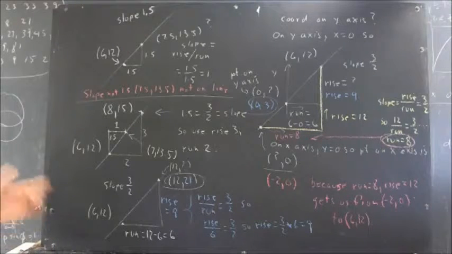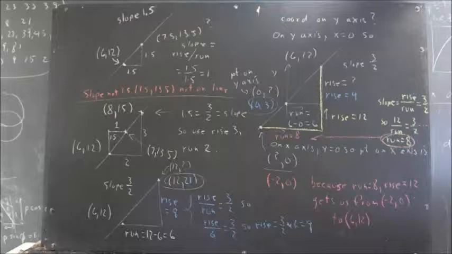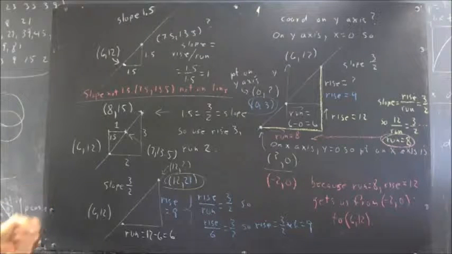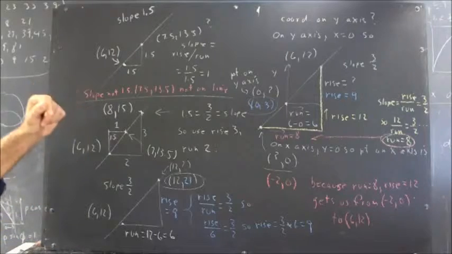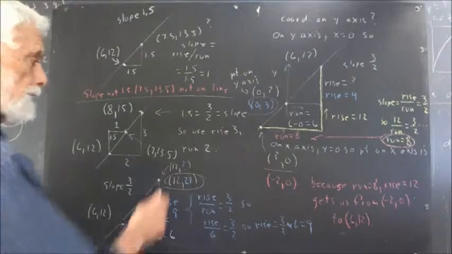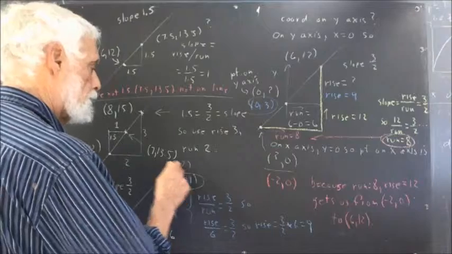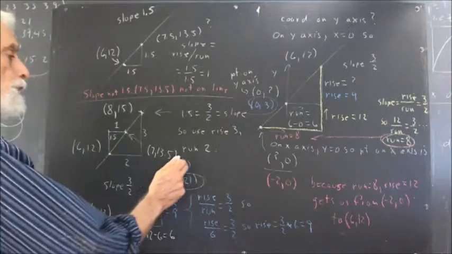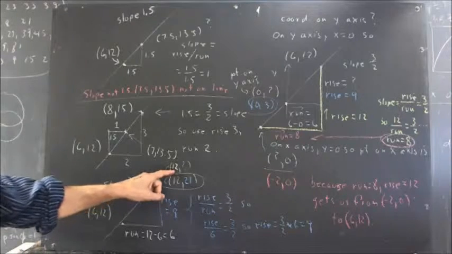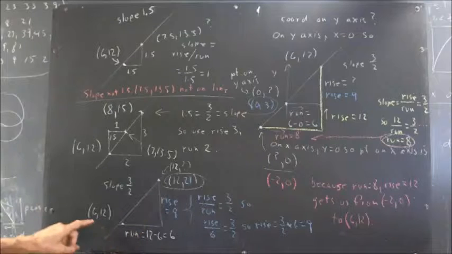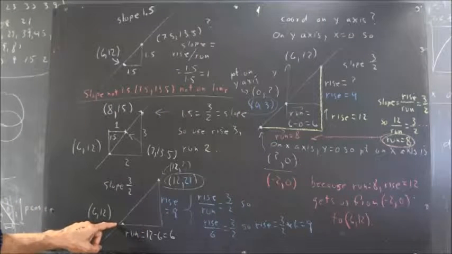I believe another question says, okay, if one of the points has x-coordinate 12, then what is that point if it lies on this line? So what I've got here is (12, ?). 12 with what coordinate puts us on the line? Okay, well, if our x-coordinate is going to be 12, well, the x-coordinate of this point is 6.